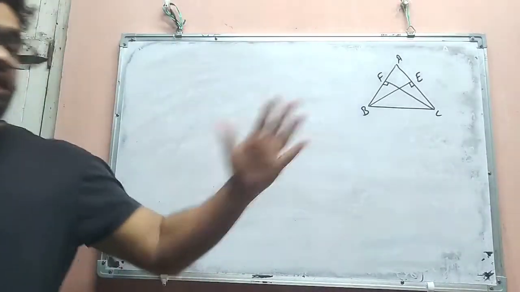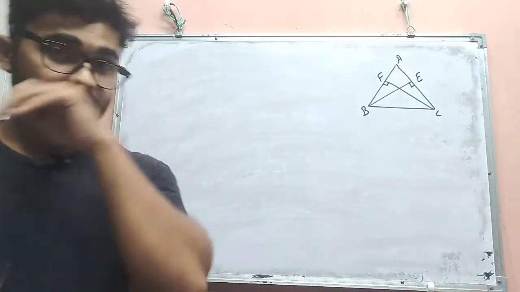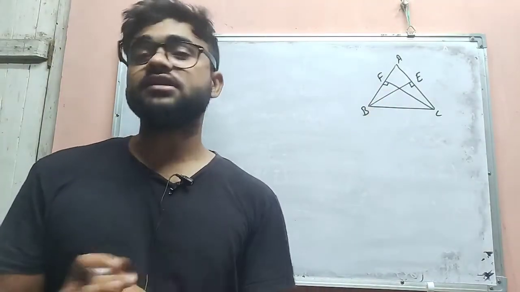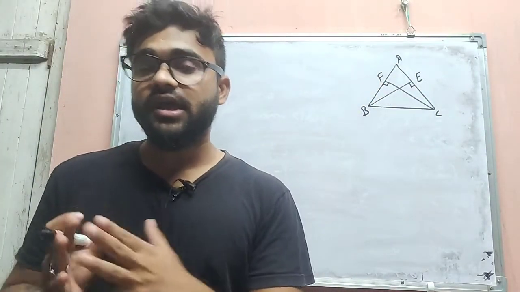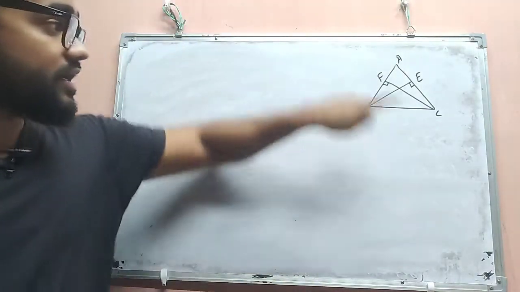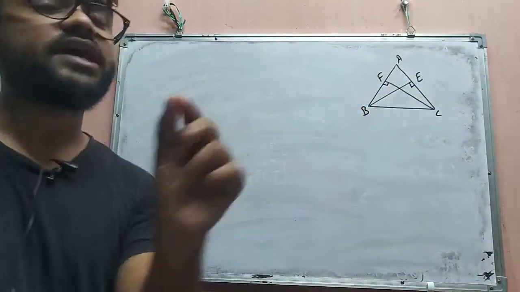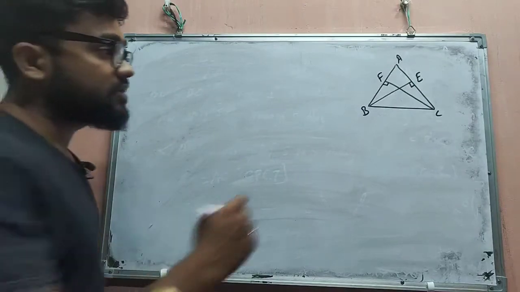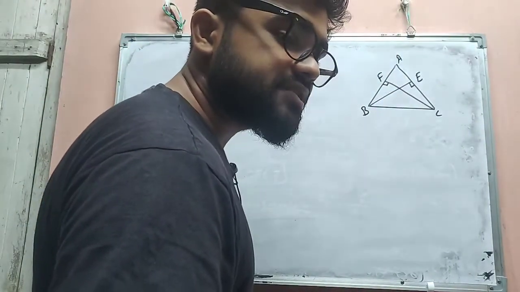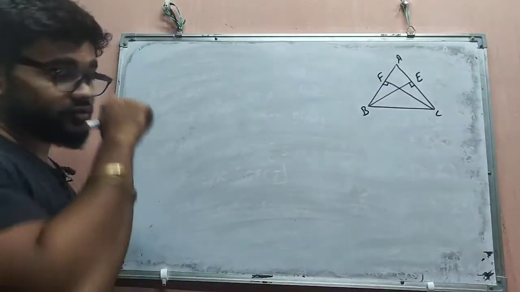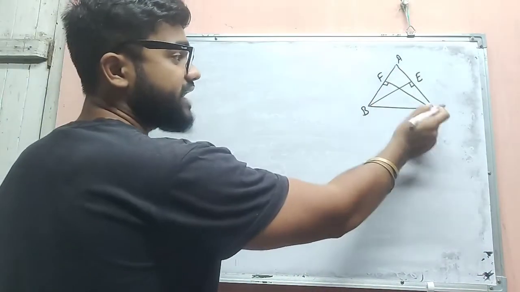Okay, and in the next question we have been given this diagram, already given in the question. ABC is an isosceles triangle, so AB and AC, these two sides, are equal. Two altitudes are drawn, and the altitudes are BE and CF.